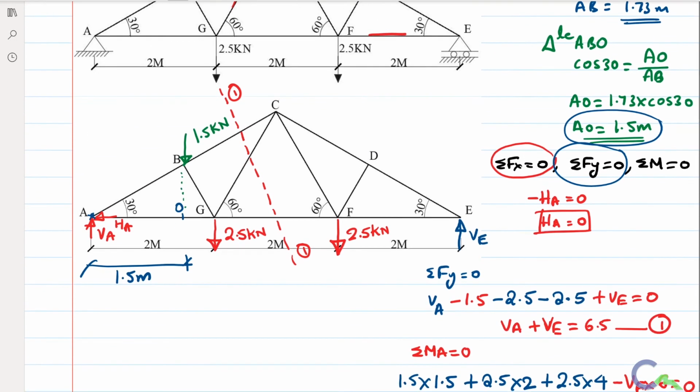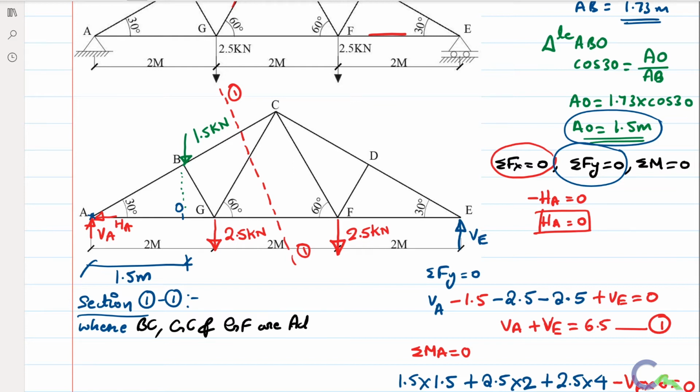So I will take section 1 1. Where BC, GC and GF are active members.